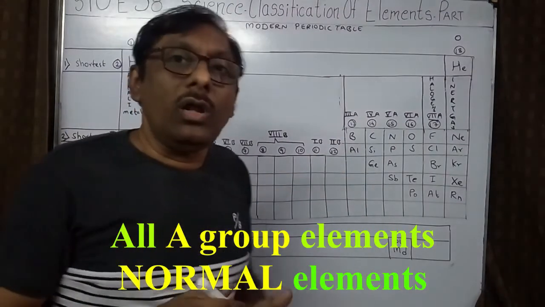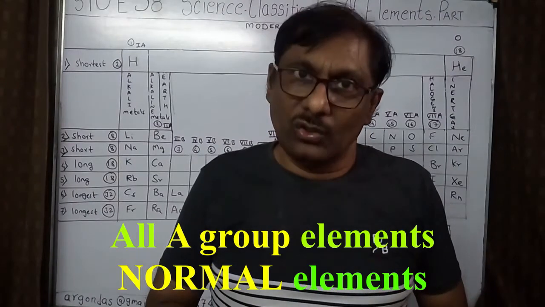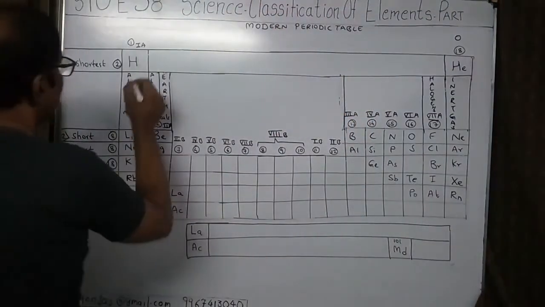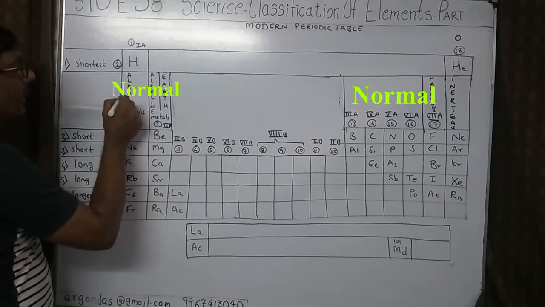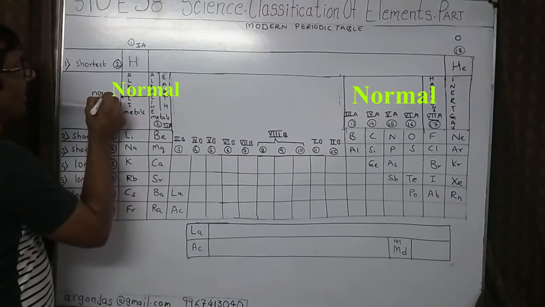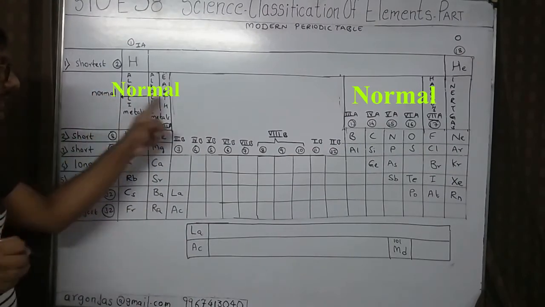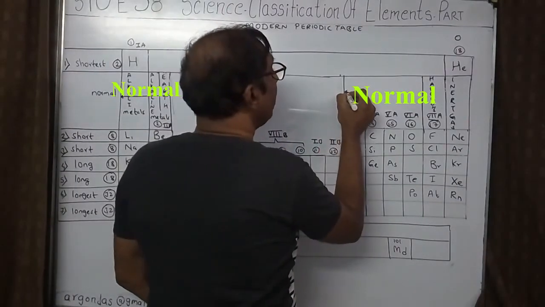Now remember, all A group elements are normal elements. So which are the normal elements? Here they are normal elements. This group is called normal elements. So I'm going to write over here that they are normal elements. This 1A, 2A, all A group elements are called normal elements.